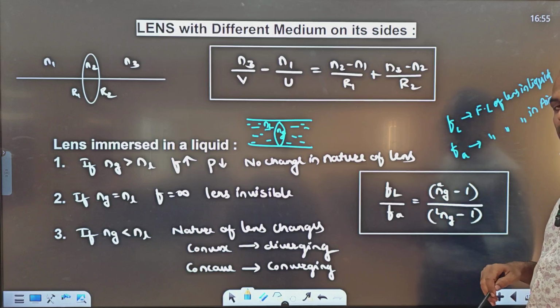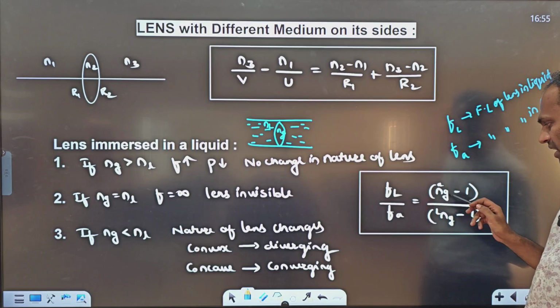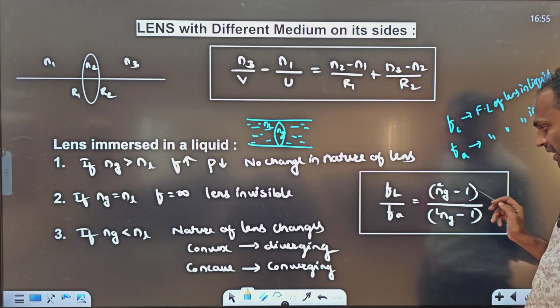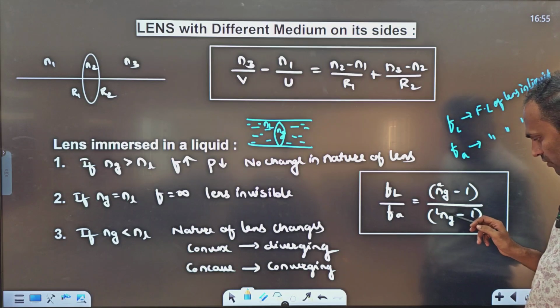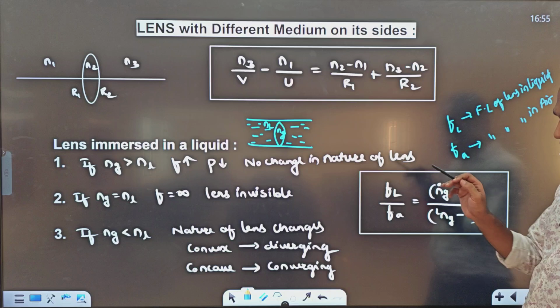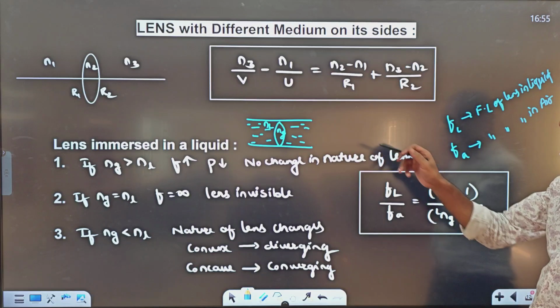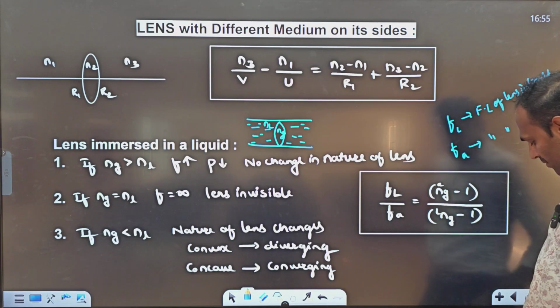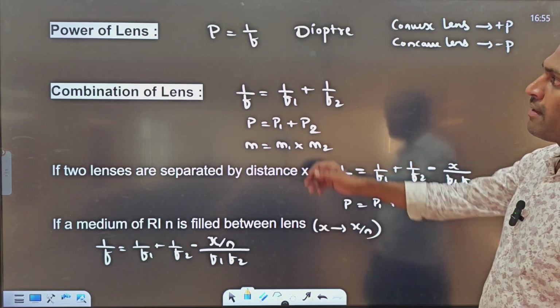They ask you to find one of these two. Here we have refractive index of glass with respect to air minus 1 divided by refractive index of glass with respect to liquid minus 1. Correct. So using this formula you can calculate the focal length when the lens is immersed in the liquid.